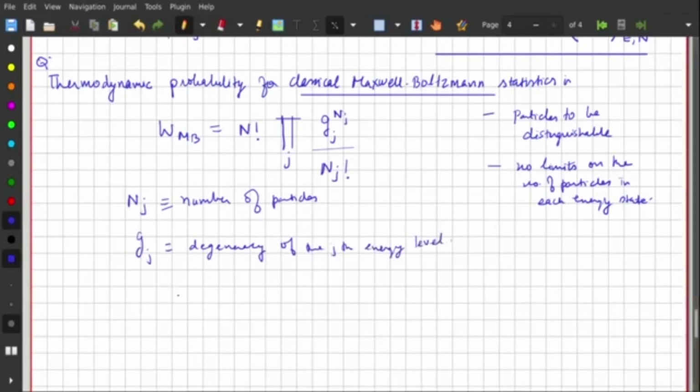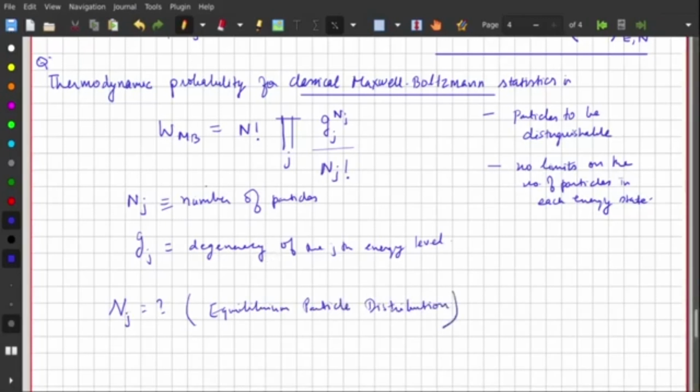The question is, what we need to find is the equilibrium particle distribution, that is, what is nj. That's the question that we want to tackle.